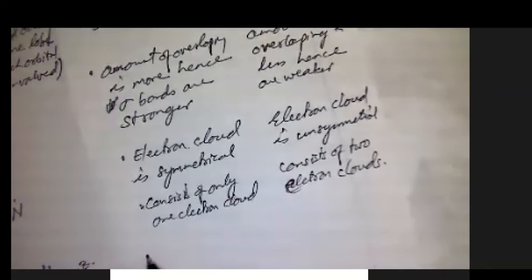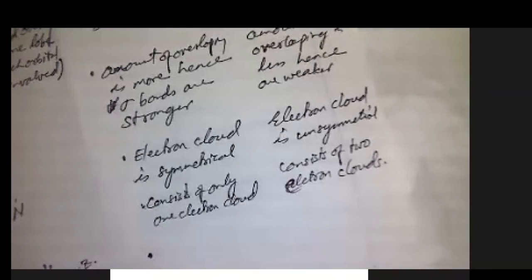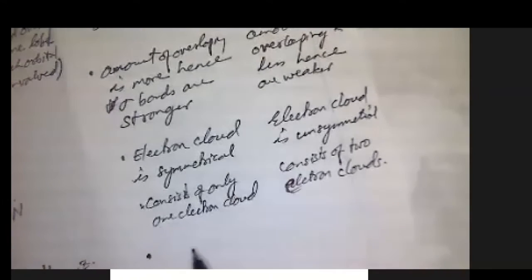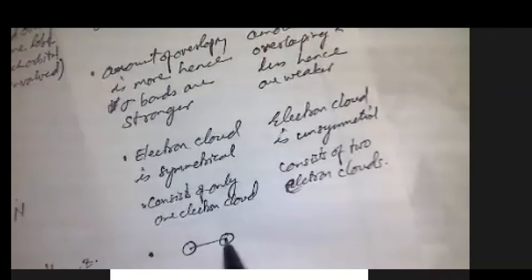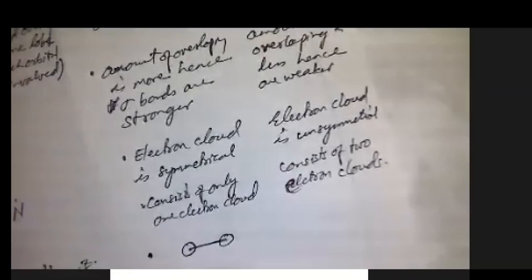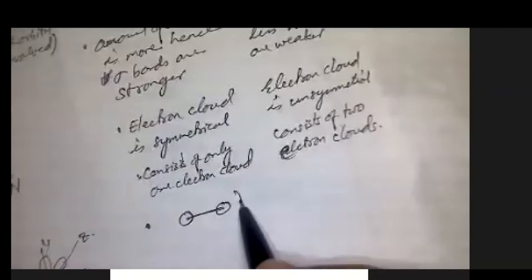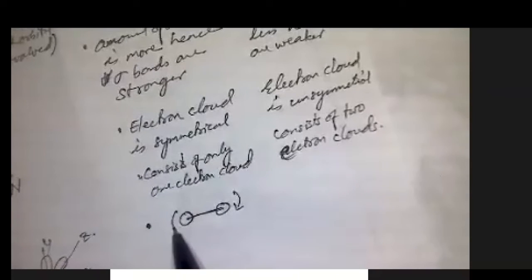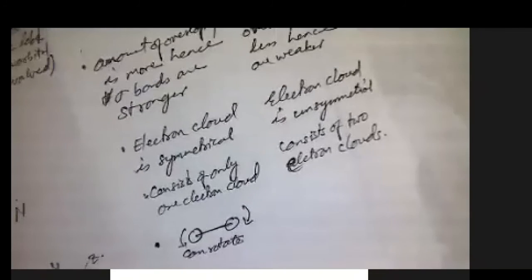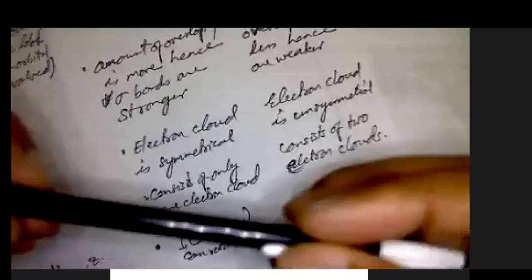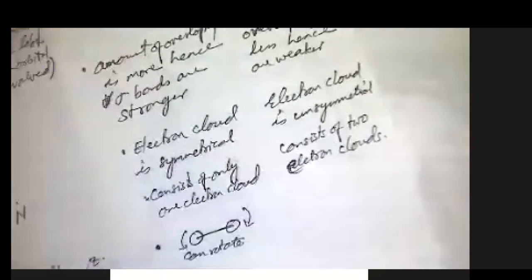Then the next point, remember this is a very important point. Sigma bond means one atom, one atom, they are only connected by one single bond. So what can happen? This can rotate freely. The atoms can rotate. If these are the two things, they can easily rotate about one thing, isn't it?